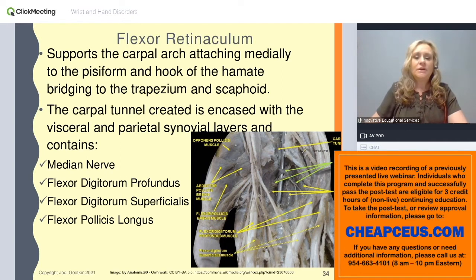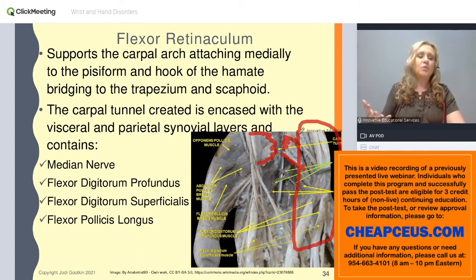And within here, it's resected out. We can see the rough edges of where that flexor retinaculum has been opened up. And then we see this large grouping of tendons from our finger flexors, as well as that median nerve that are needing to pass through that tunnel.